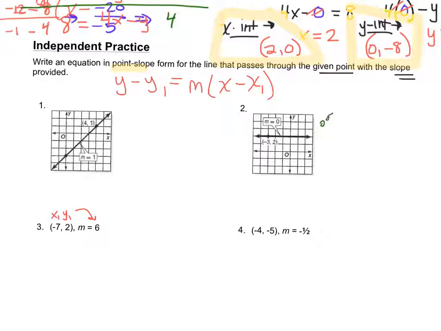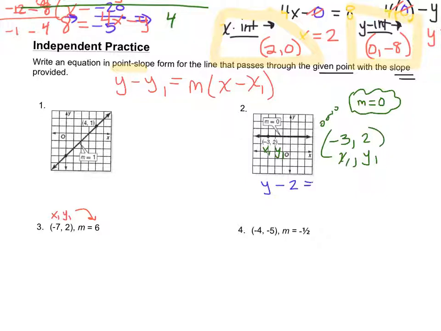Take a look at this one, however. We know that the slope is 0 of a flat line. So when you go ahead and plug that in, you're going to notice that it's going to cancel everything out, as you will see. Let's go ahead and do that one. We see point 1 is (3, -3), and point 2, x1 is -3 and y1 is 2. This guy here is x1 and y1. So when I plug it into the equation, you're going to get y minus y1 is equal to m times x minus x1.